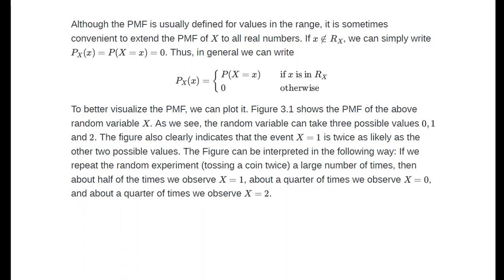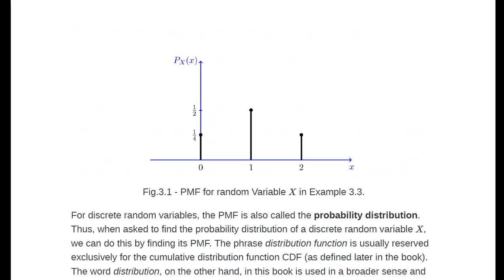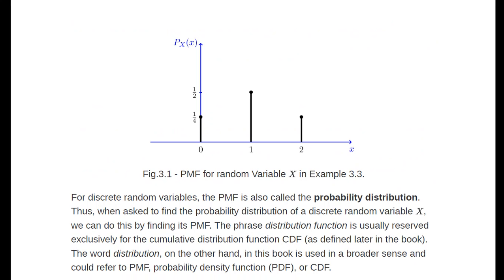If we repeat the random experiment, tossing a coin twice, a large number of times, then about half of the times we observe X equals 1, about a quarter of the times we observe X equals 0, and about a quarter of the times we observe X equals 2, as in the following figure.